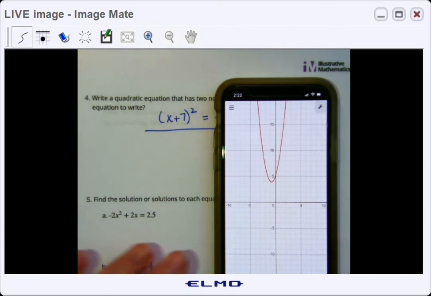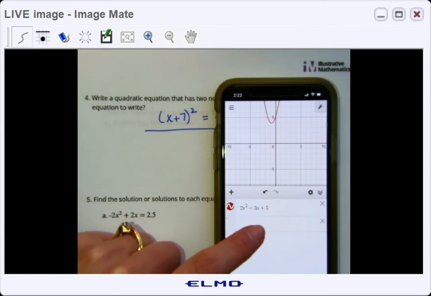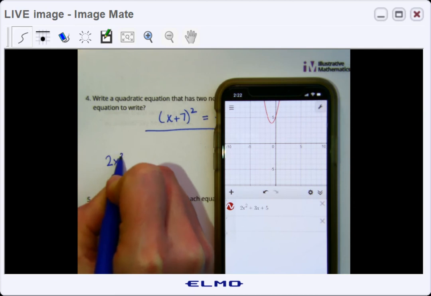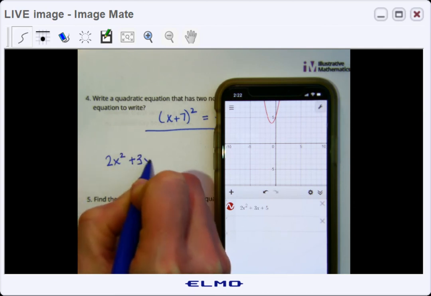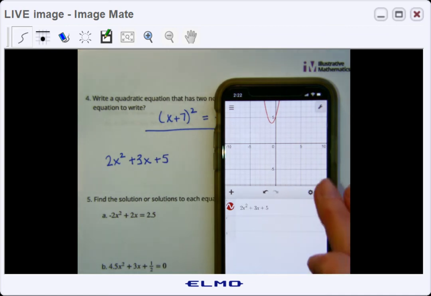The equation that I wrote for this one is 2x squared plus 3x plus 5. So that's the function that I have graphed here.